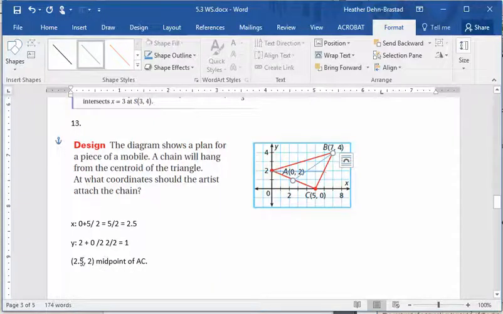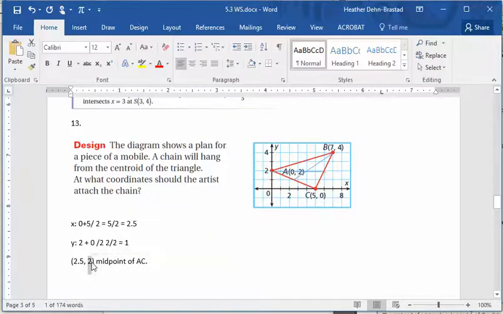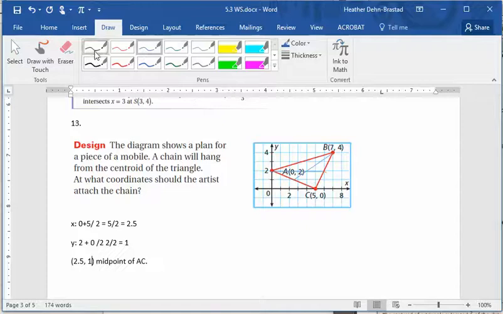It looks like they're crossing right here at the point 4, 2. So that looks like the point where the two medians are intersecting, so that would be the right place to hang your mobile from.